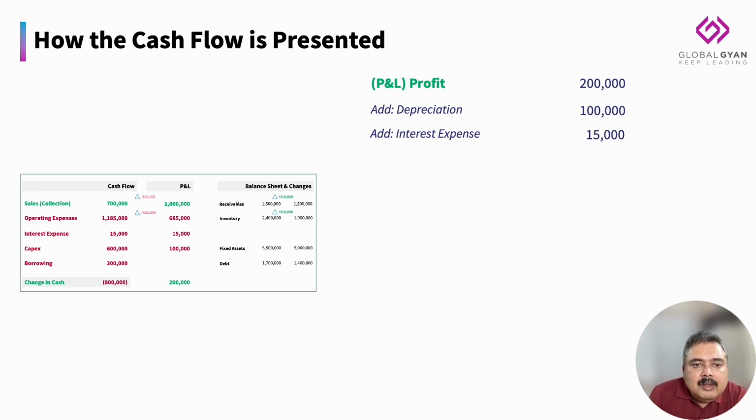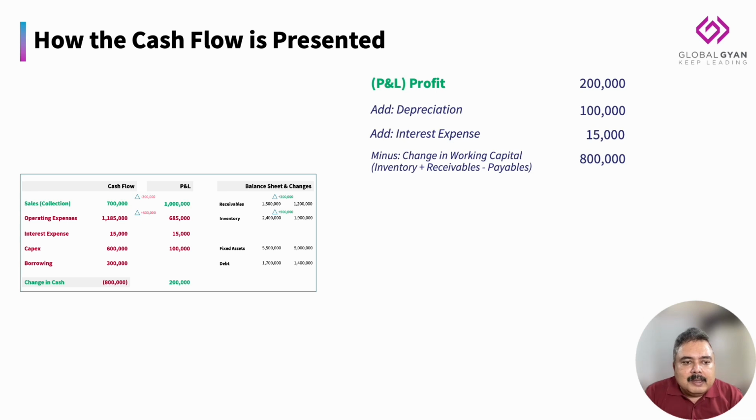So to arrive at the operating cash flow, we add back the interest expense, and then the changes in the working capital. Right? So we saw that there was an increase of receivables of 300,000 and 500,000 increase in inventory. Payables was the same, so there's no impact of it. So there's an 800,000 increase in working capital, which is a reduction of cash.